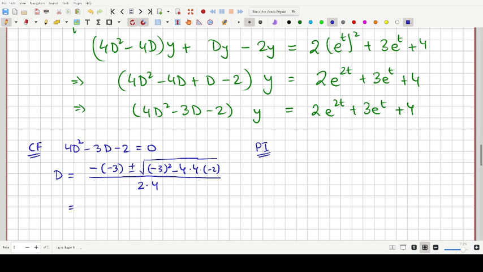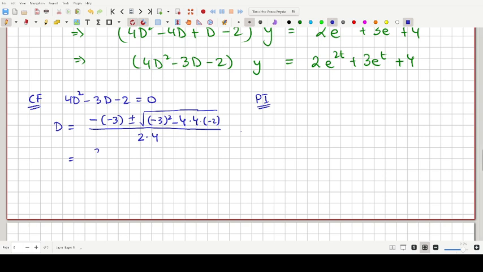So that gives us 3 plus minus the square root of 9 minus, minus and minus become plus, 16 multiplied by 2 is 32. That divided by 8 gives us 3 plus minus the square root of 41 by 8.